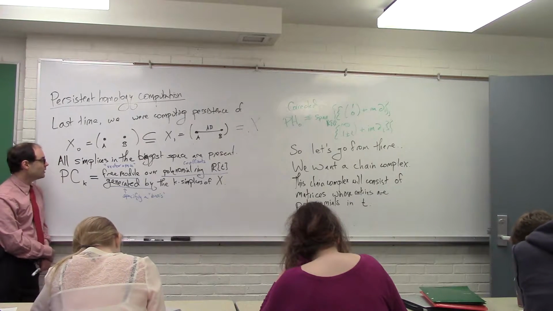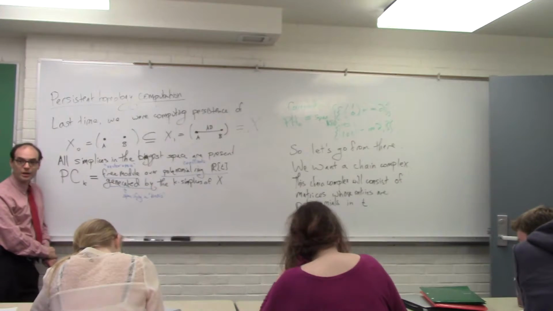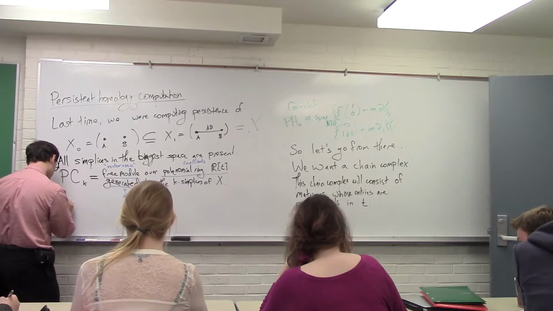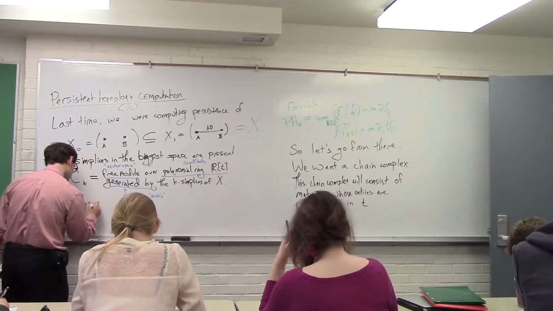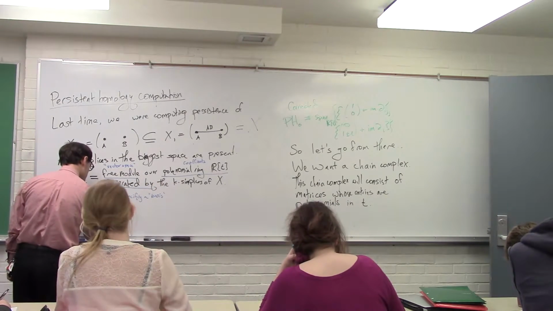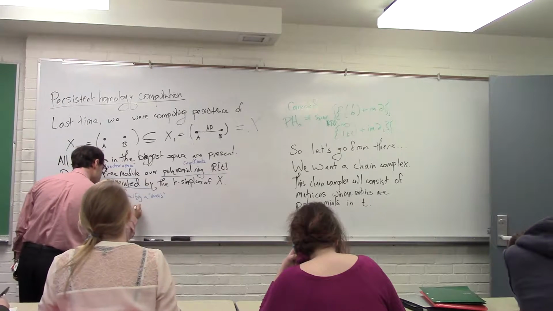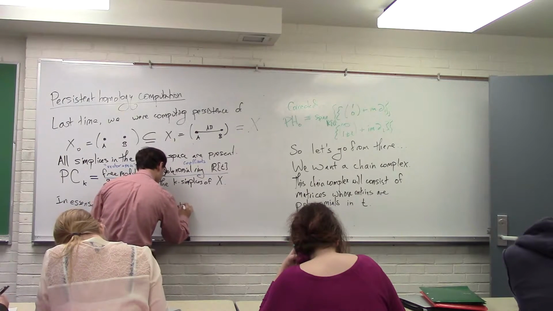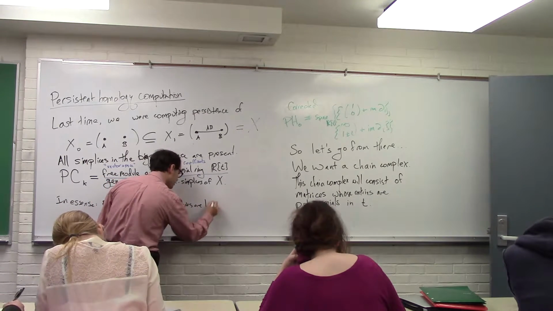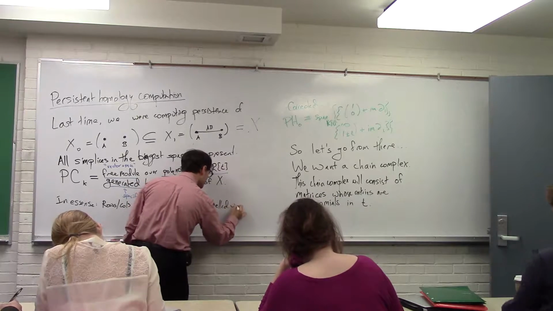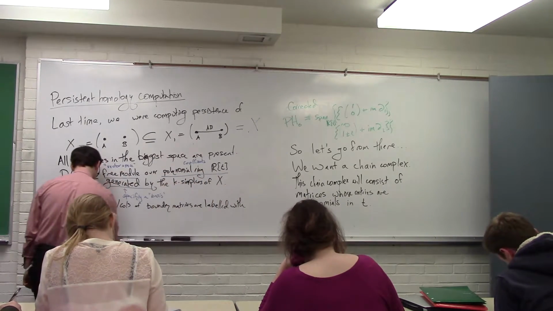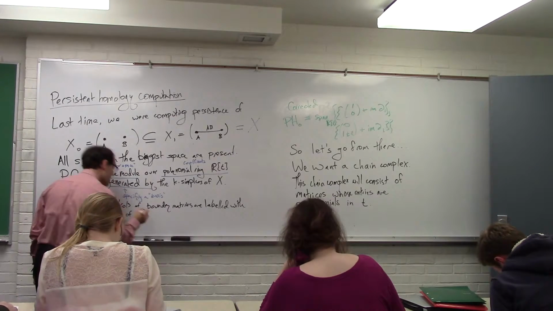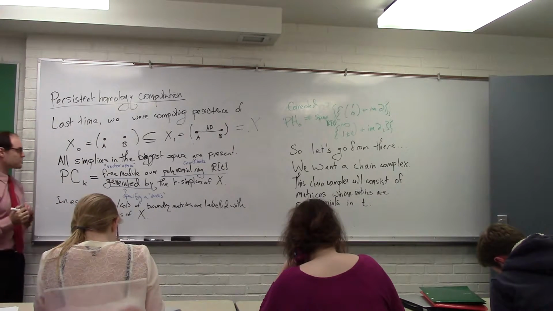So in particular, these guys are going to be labeling the rows and columns of our boundary matrices. So in essence, rows and columns of boundary matrices are labeled with simplices of X. And X is the last guy in the filtration, the biggest one.